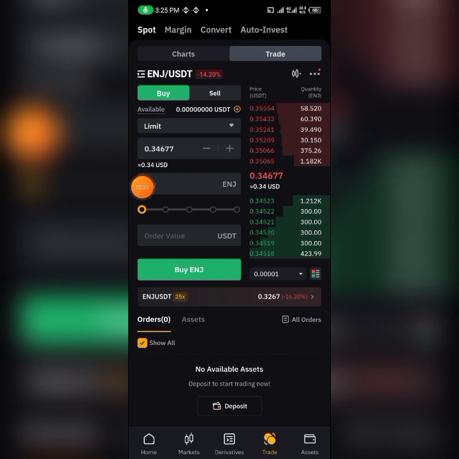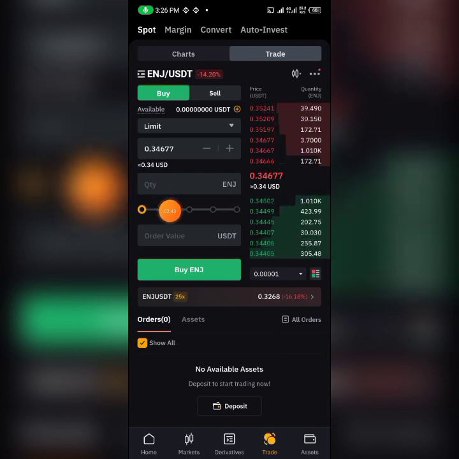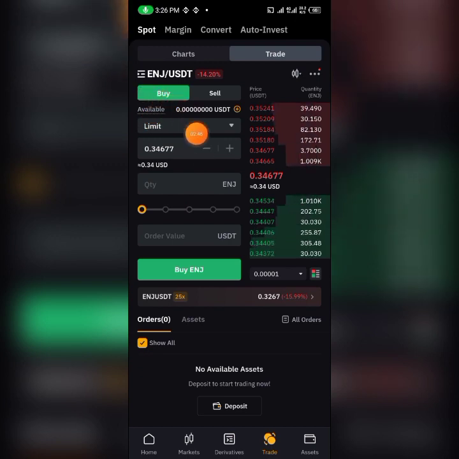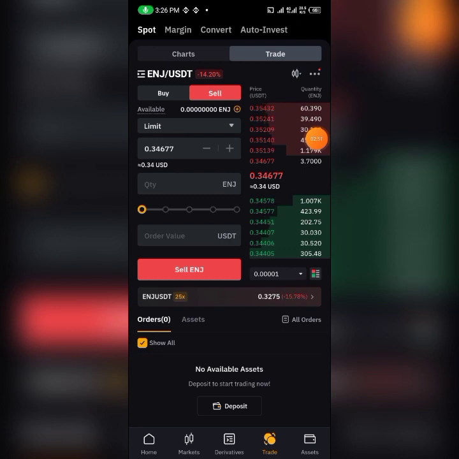But if the price interchanges and Bybit is selling ENJ at a higher price, then you leave it at sell. This sell section represents you selling the asset that you want to exchange.